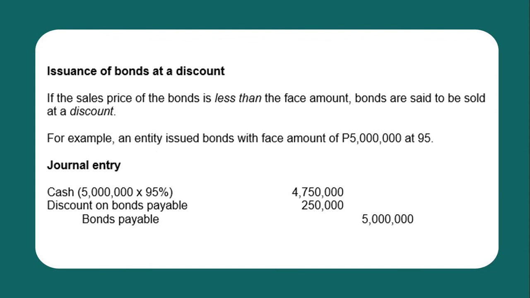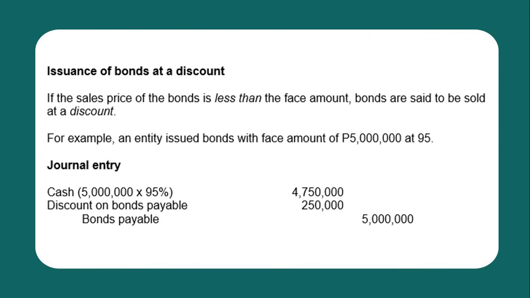If you notice, the premium is credited together with the bonds payable, but here the discount is debited. So we debit cash equal to the selling price, which is at 95%.